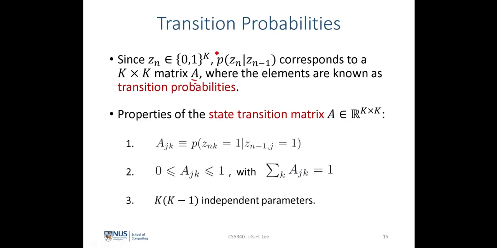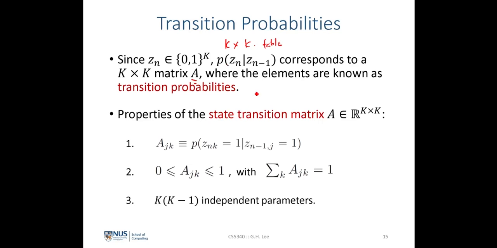And since there are also k possibilities for Zn minus 1, we'll end up with a k by k table in this transition probability distribution.